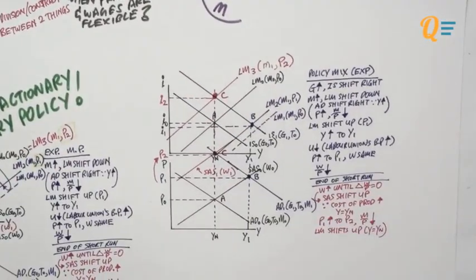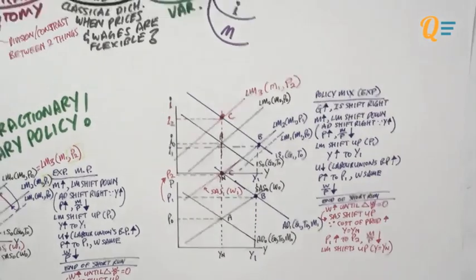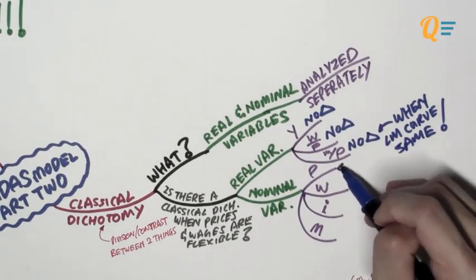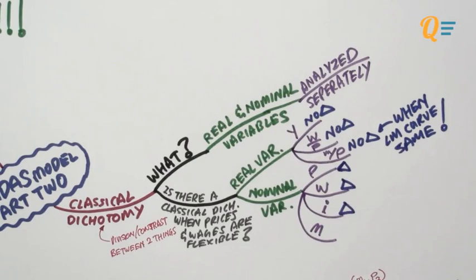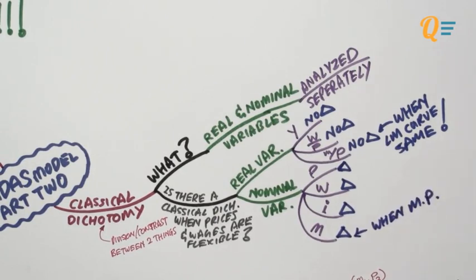An instance where the real money supply has changed is like in this example over here. A case whereby the real money supply has not changed is like when we were talking about the expansionary monetary policy. While there are no changes in any real variables, your nominal variables like your price, wage, interest rates, and your nominal money supply have changed, and of course your nominal money supply will change when you have a monetary policy.